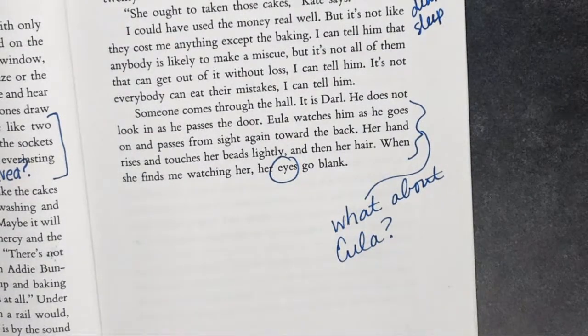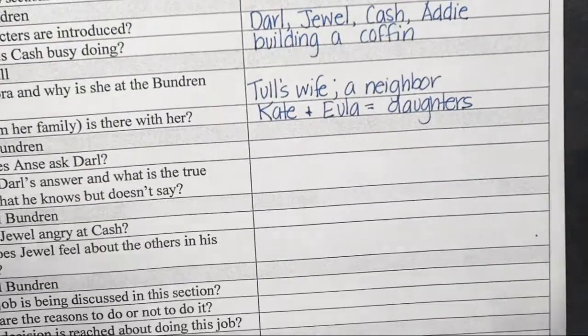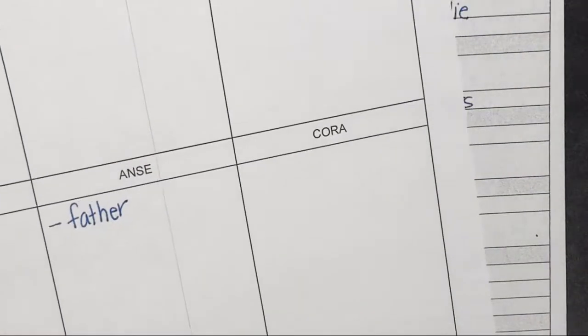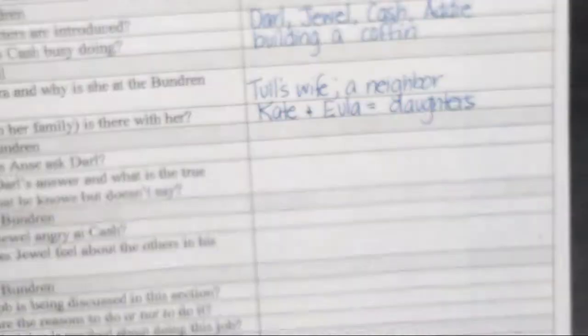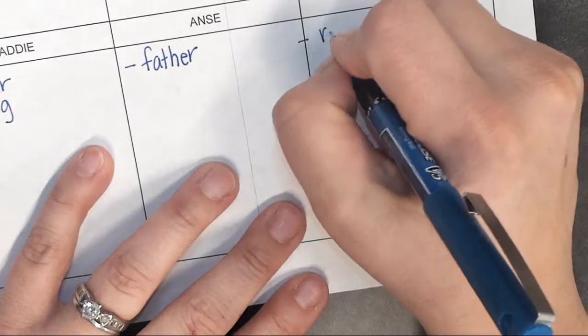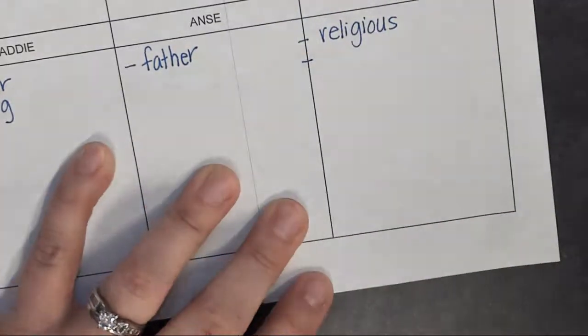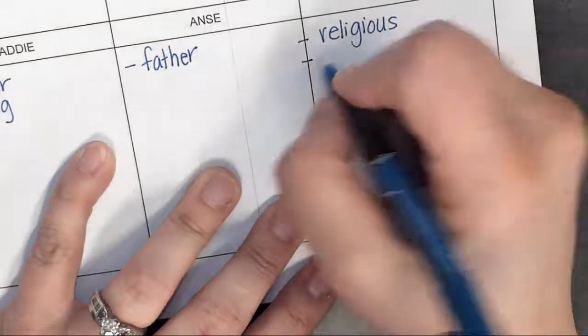All right. So on our character sheet for Cora, we can say what? She's religious. What else? She is a neighbor.